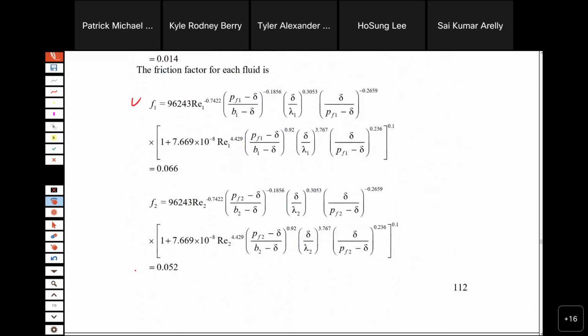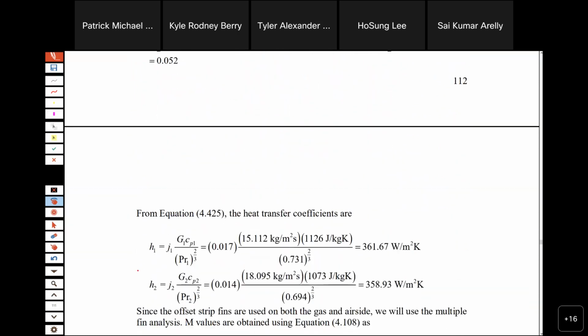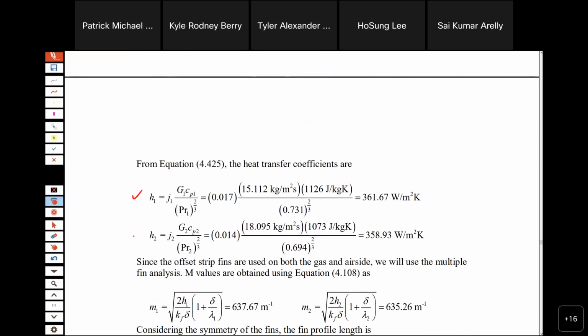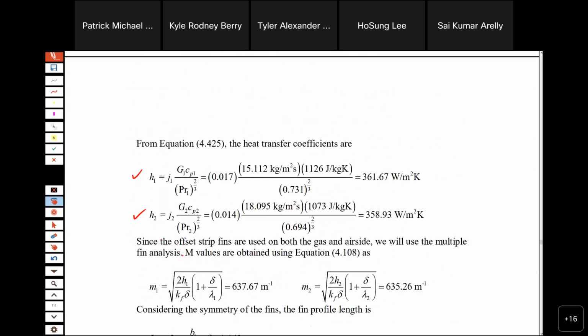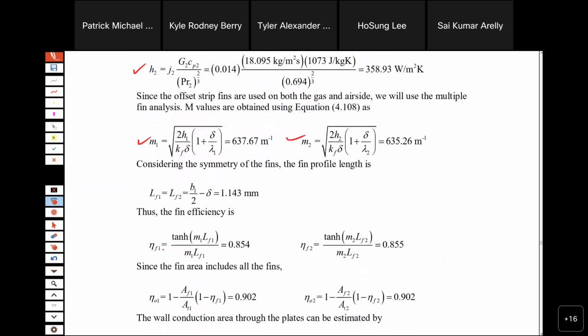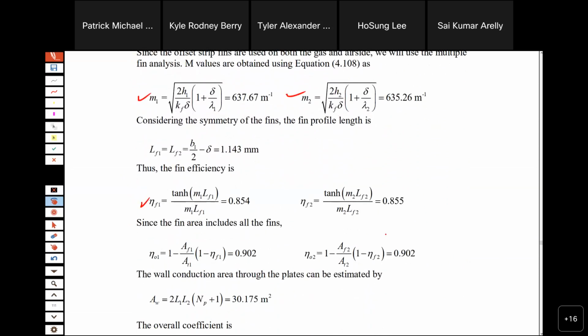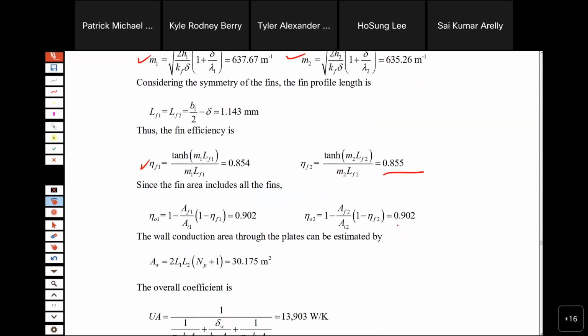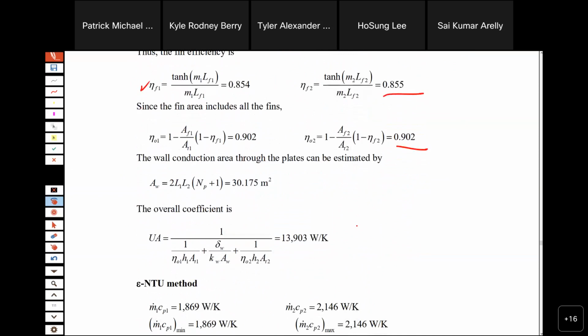Once you have that, then you can calculate the h1, h2 convection coefficients. And then using fin theory, I can calculate the efficiency. Ooh, 0.8, overall 0.9. So compact, so good, actually.